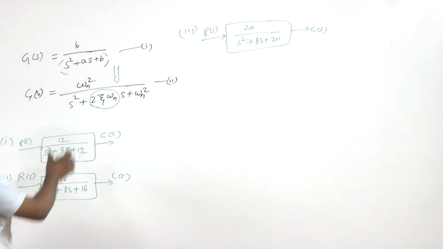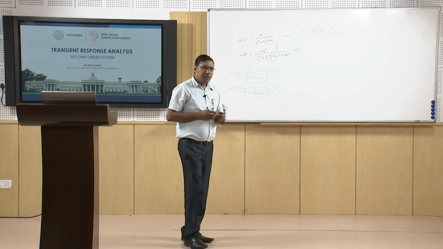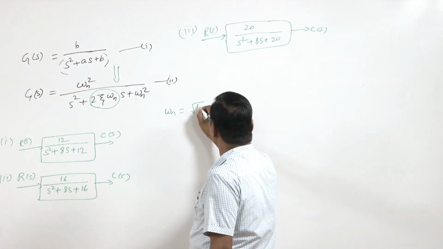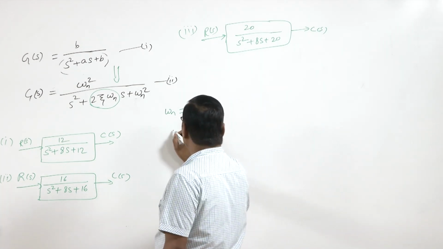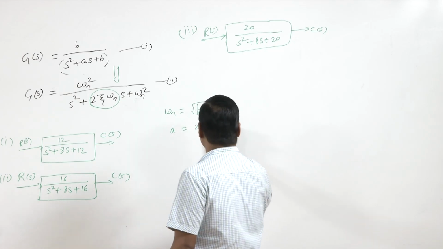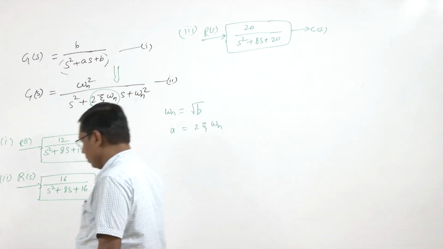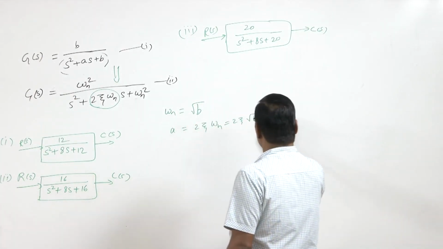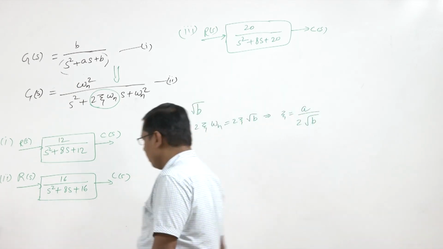We can compare with the standard form and relate these parameters a and b with omega n and zeta, because we defined omega n equal to root b, and we defined a equal to 2 zeta root b, so zeta is a upon 2 root b.